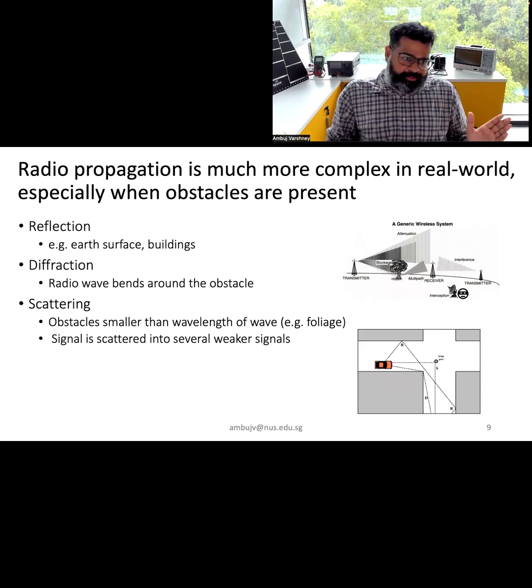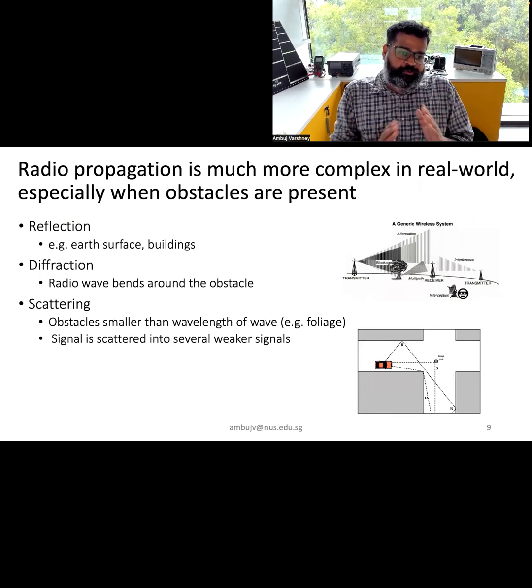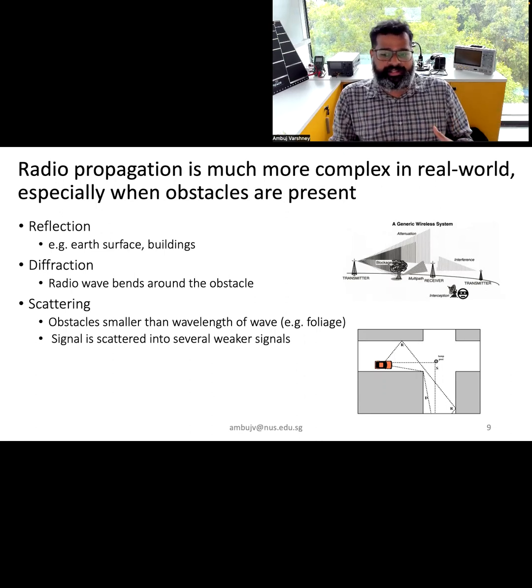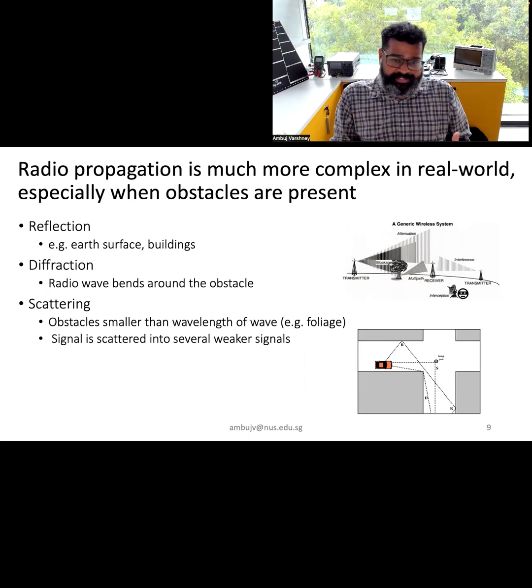While the free space path loss and Friis equations assume that there are no obstructions and the transmitter and the receiver are in direct line of sight, as we had seen earlier, the real world is much more complex, and wireless signals can undergo many different effects, for example reflection, diffraction, or scattering.